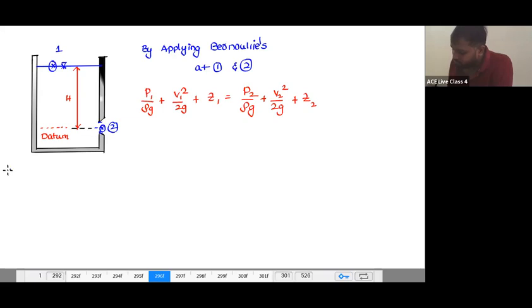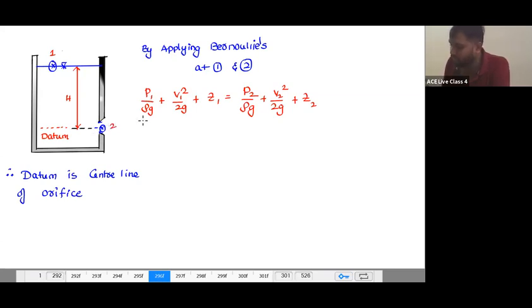So the datum is the center line of the orifice. Now you tell me, at 1, what is the pressure? This is a free water surface or not? At 1, this is a free water surface. As it is a free water surface, you know that the pressure is going to be 0.